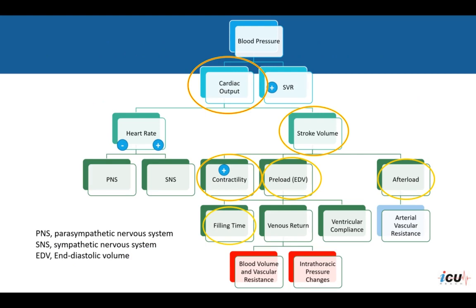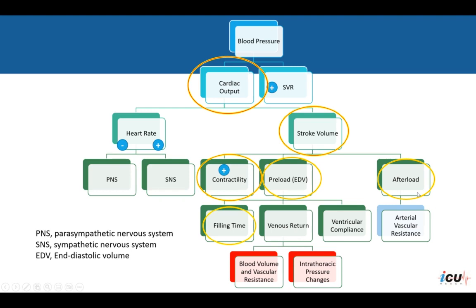Well, you need to keep in mind the parameters that determine the blood pressure. The blood pressure is the product of cardiac output and systemic vascular resistance. Then the cardiac output is determined by the heart rate and the stroke volume. The determinants of stroke volume are preload, contractility, and afterload.